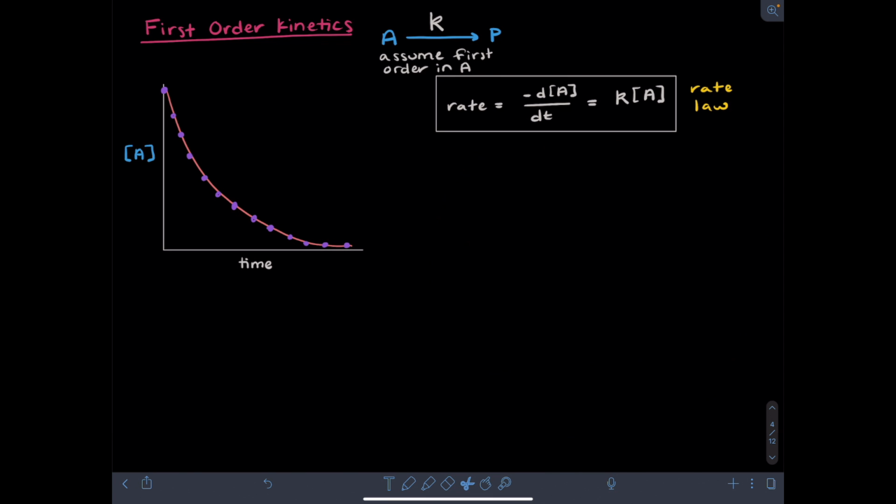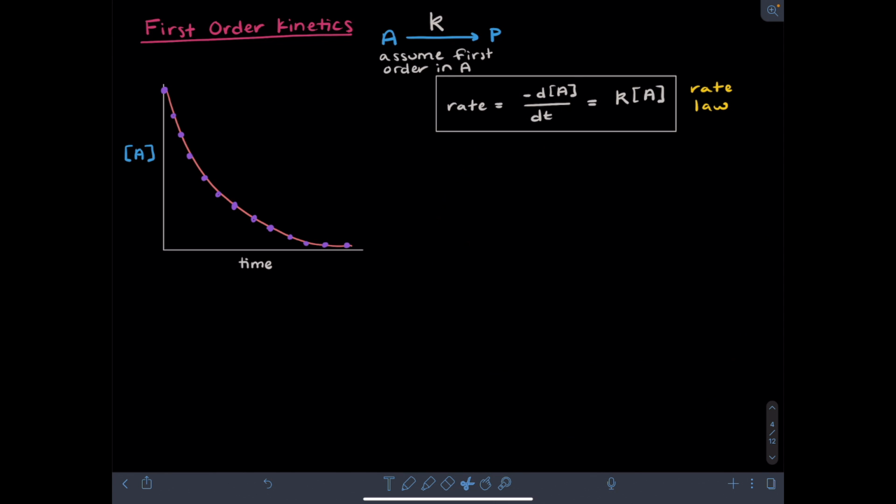Your rate law for a first-order reaction is that your rate is equal to the rate constant k times the concentration of A, where your rate is a measure of the change in concentration of A with respect to time, negative dA/dt.